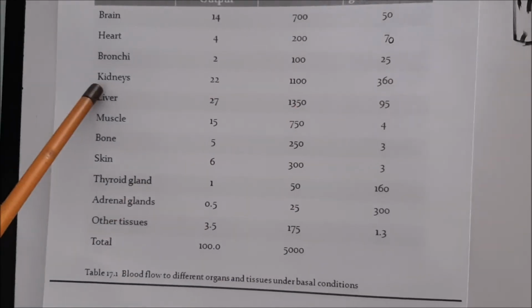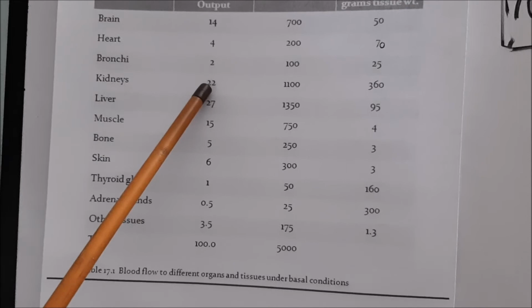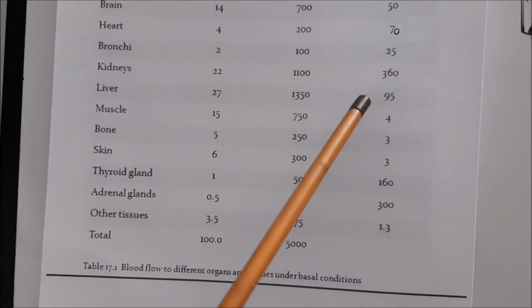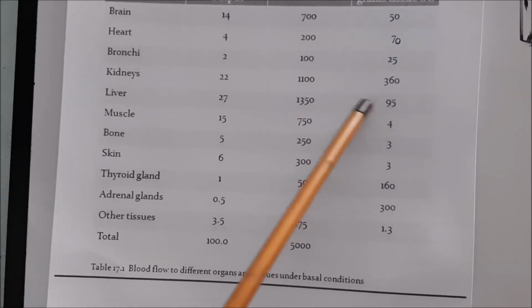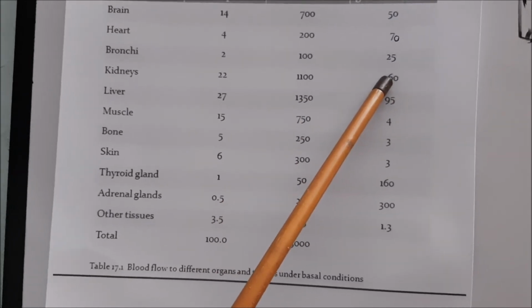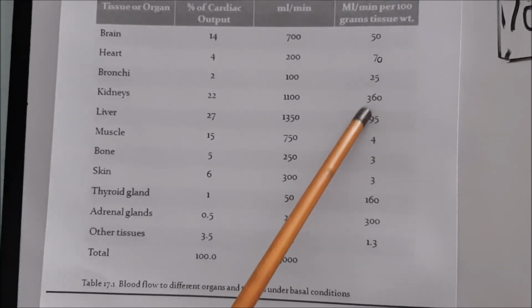Now come to the kidney. The blood flow to the kidney is 22% of cardiac output, about 1100 milliliters per minute, and about 360 ml per 100 gram of tissue.